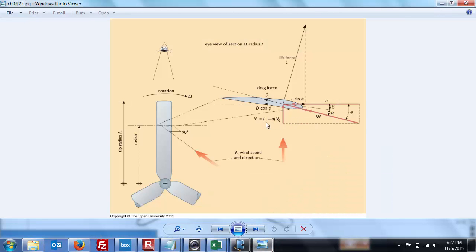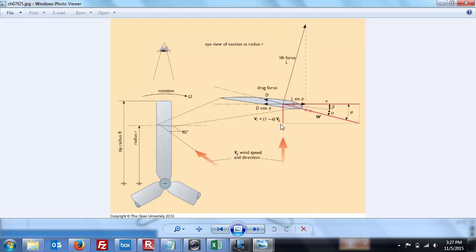V, let's take a look here. So this is V1. V1, where is alpha?